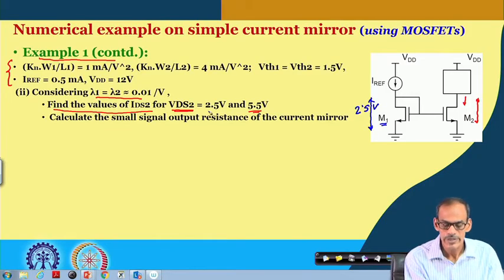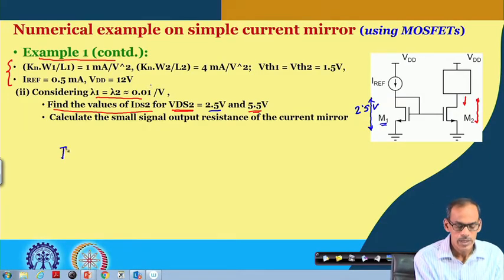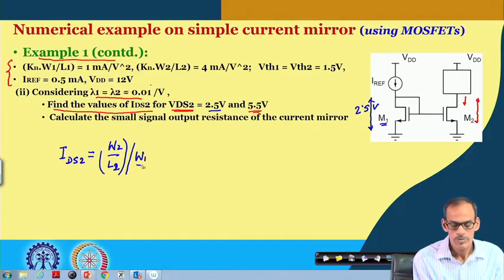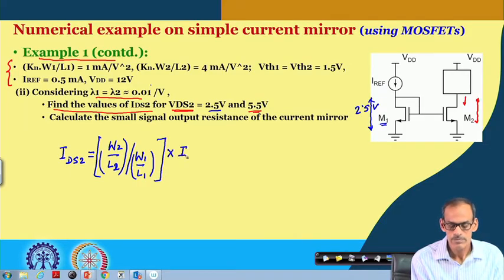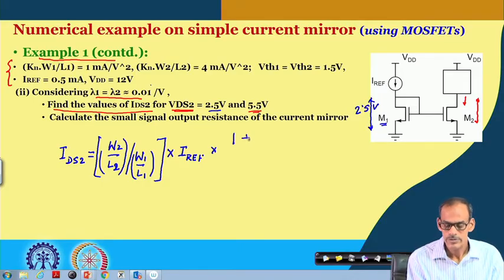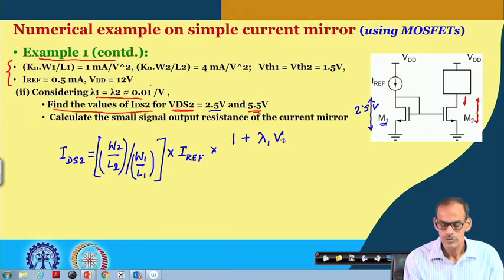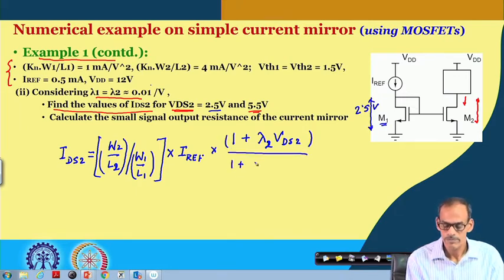And then for the first case, if VDS 2 equals 2.5, and if you consider this lambda, then you can get the current IDS 2, which has this equation: W by L of transistor 2 divided by W by L of transistor 1, multiplied by I reference, and then we have 1 plus lambda 2 into VDS 2, divided by 1 plus lambda 1 into VDS 1.